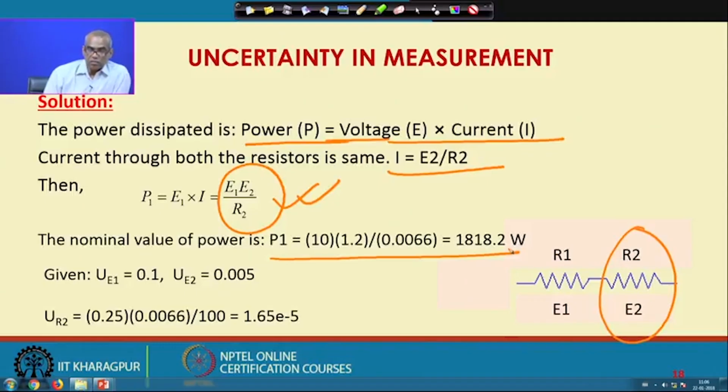Uncertainties in E1 and E2 are given as 0.1 and 0.005. Uncertainty in R2 is also given, 0.25% of 0.0066, which can be computed as 1.65 into 10 to the power minus 5.